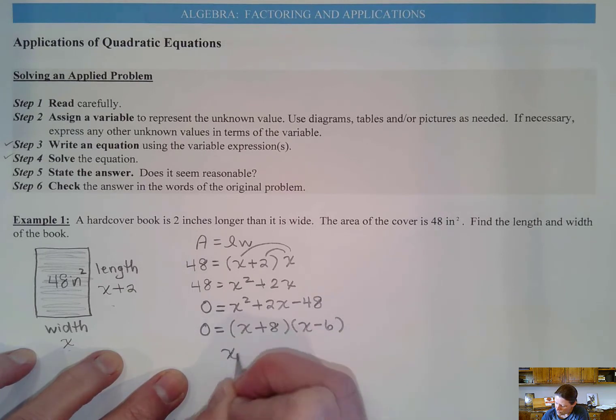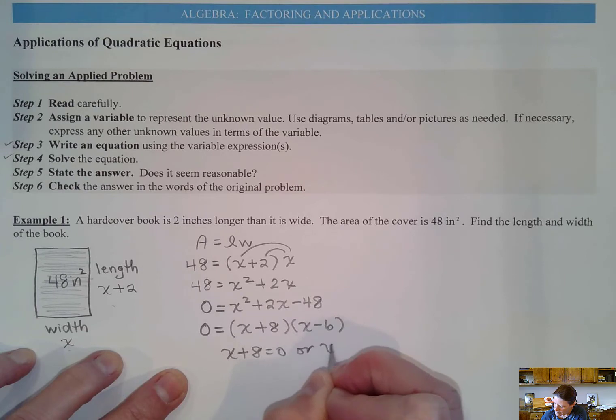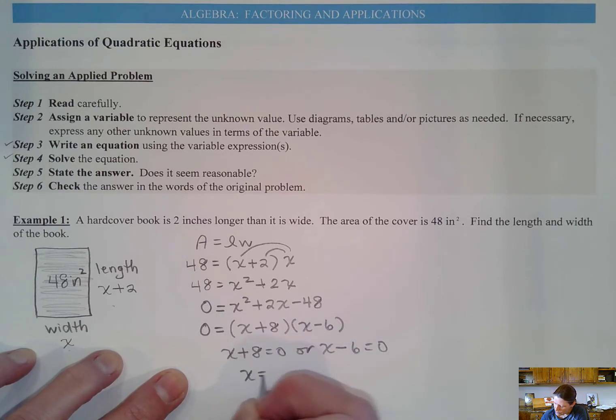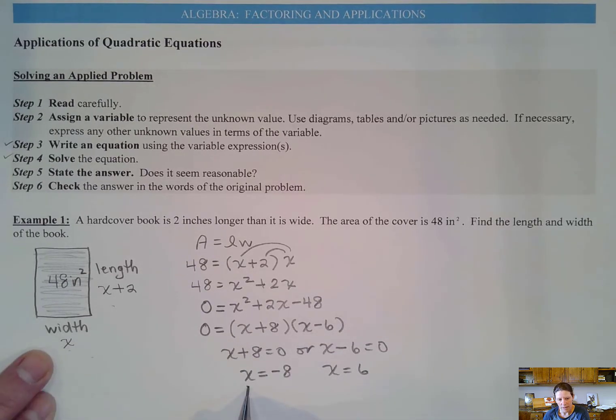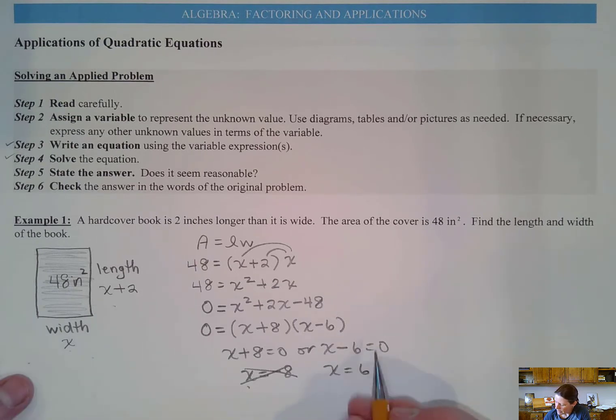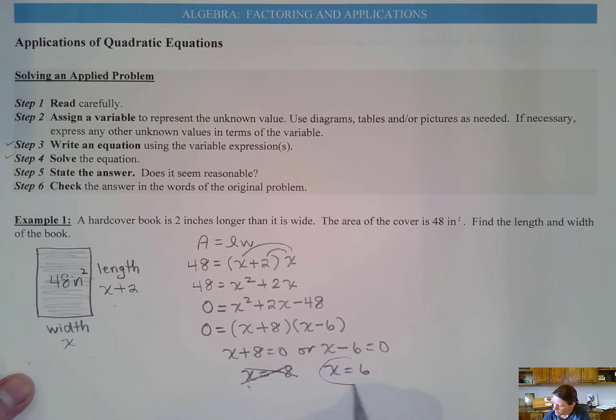Zero factor property: x plus 8 is 0, or x minus 6 is 0, yielding x equals negative 8 or x equals 6. Now, since x represents the width, we can determine that negative 8 inches does not make sense for the width of a book, but x equals 6 does.